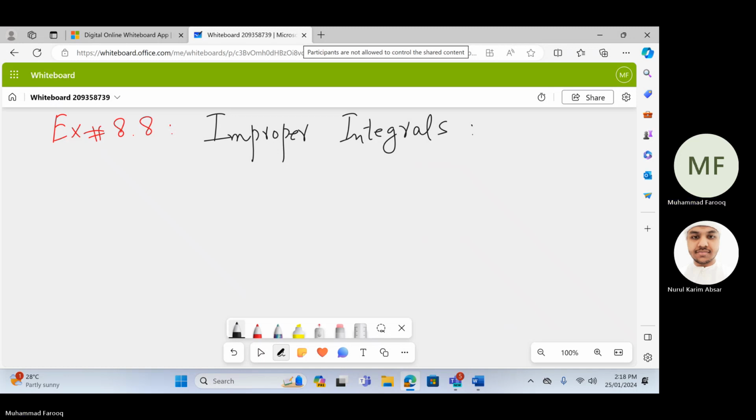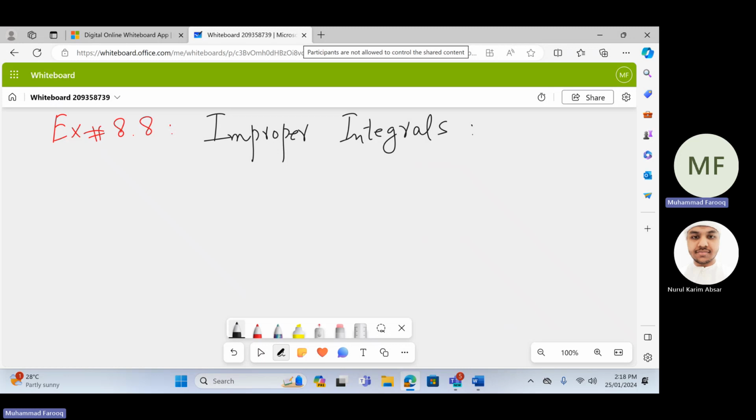Okay. For example, it means they have infinities, yes, in the question. For example, if there is an integration, the limit will be from something like that. Any other answer, please?